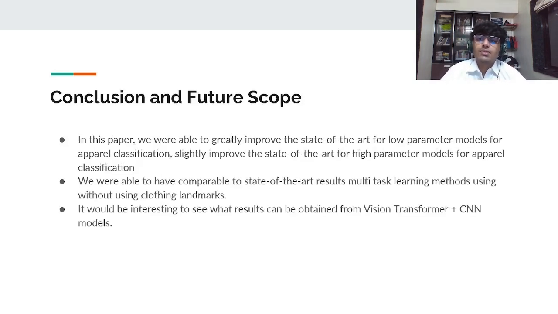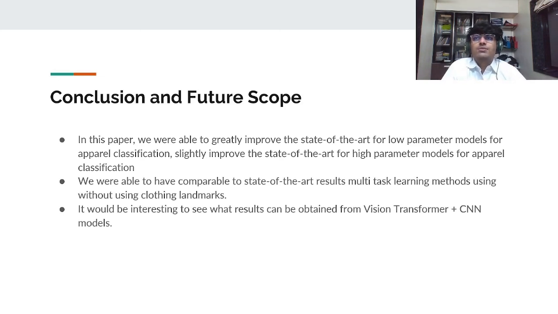So to conclude, we were able to improve the state of the art for low parameter methods, slightly improve the state of the art for high parameter methods for apparel classification, and we were able to have comparable to state of the art results when we were using category as well as attributes, and we were not using clothing landmarks. It would be interesting in future work to see what can be obtained from vision transformers and CNN models.